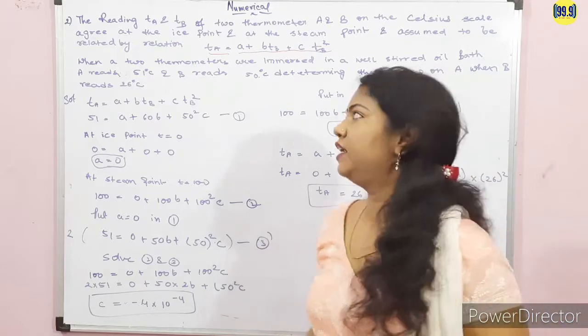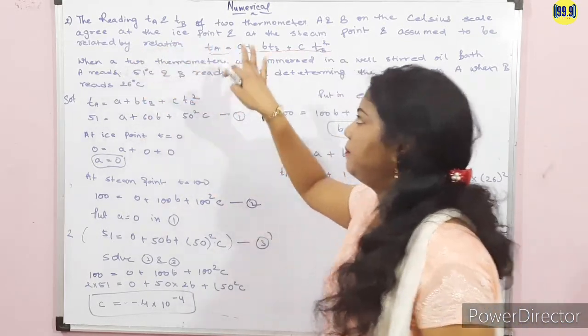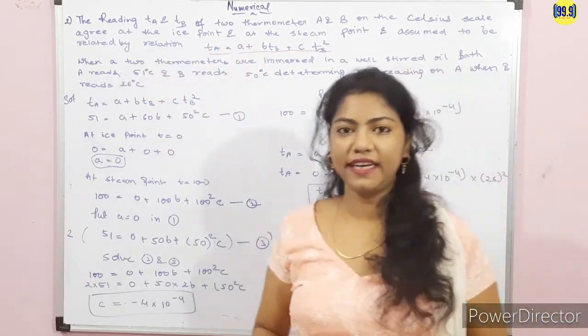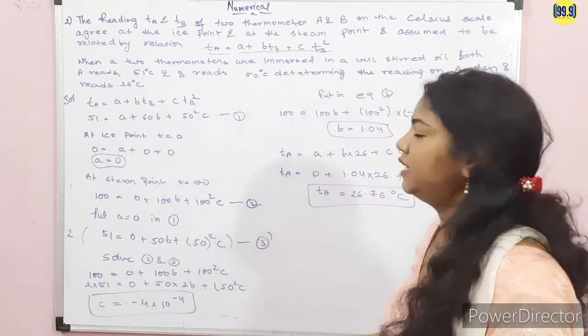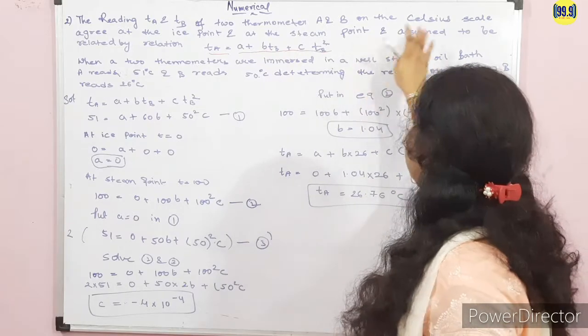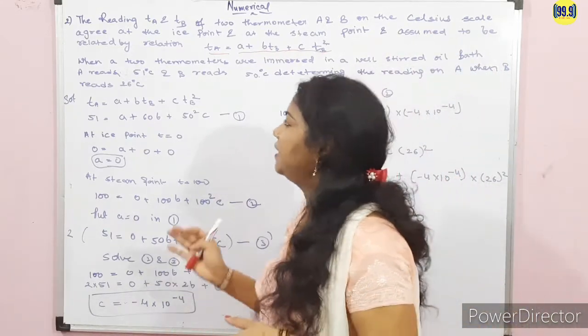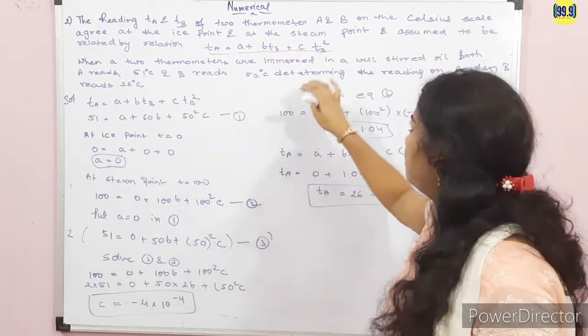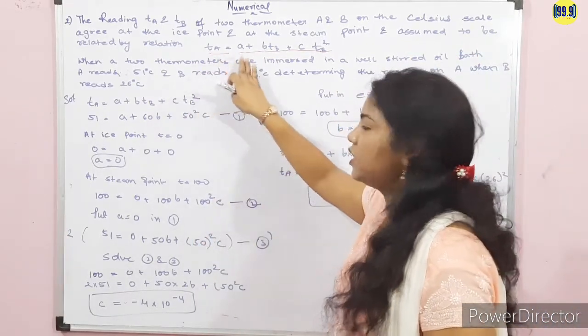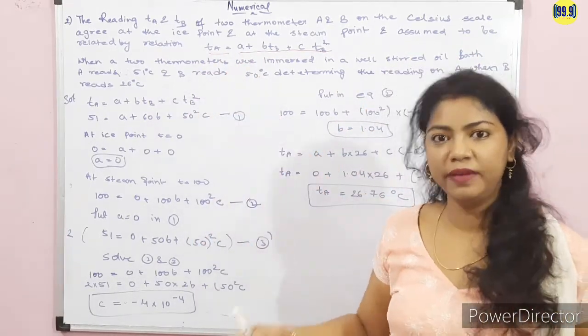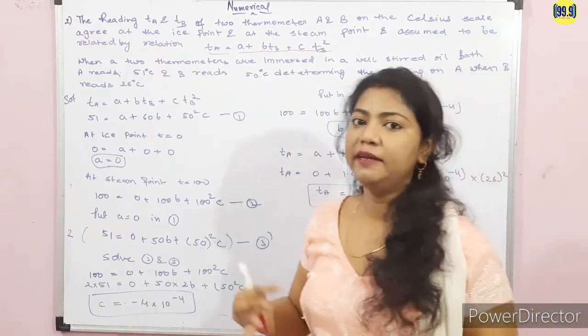So the second question is: the readings TA and TB of the two thermometers A and B on the Celsius scale agree at the ice point and at the steam point, and are assumed to be related by the relation TA is equal to A plus B TB plus C TB square.